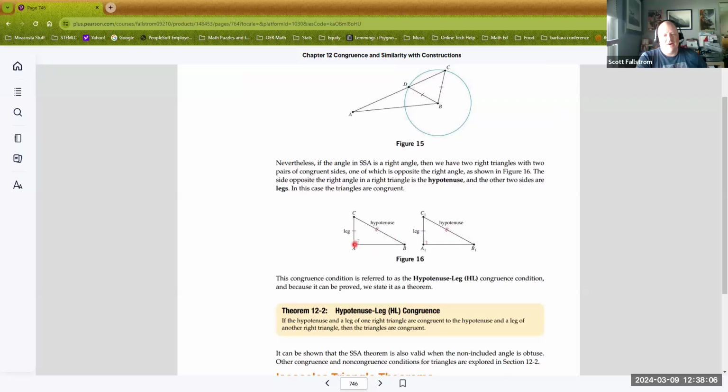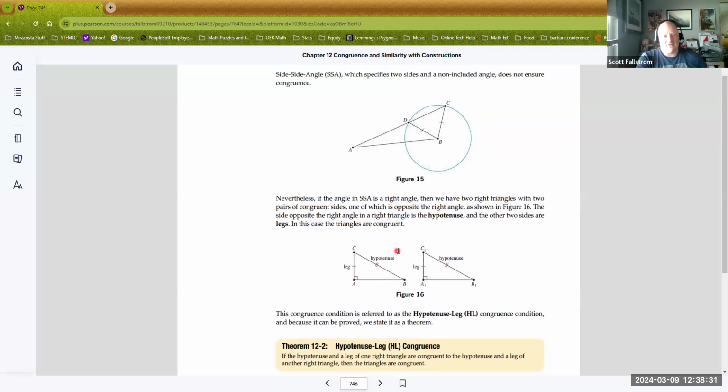So if you have a right triangle and you know one leg and one hypotenuse, that's the long side, then you've guaranteed that you know the other. Now, this is a very special case because it may not always be true that if you know two sides and the angle not between them, it may not always work. But there's other properties for a right angle that make this true.